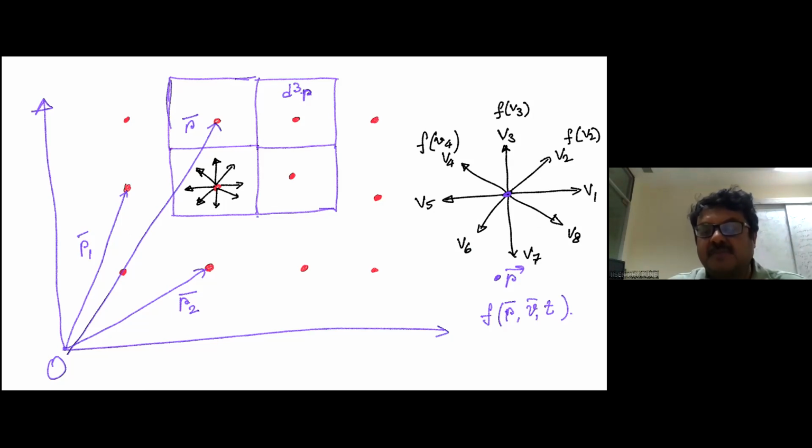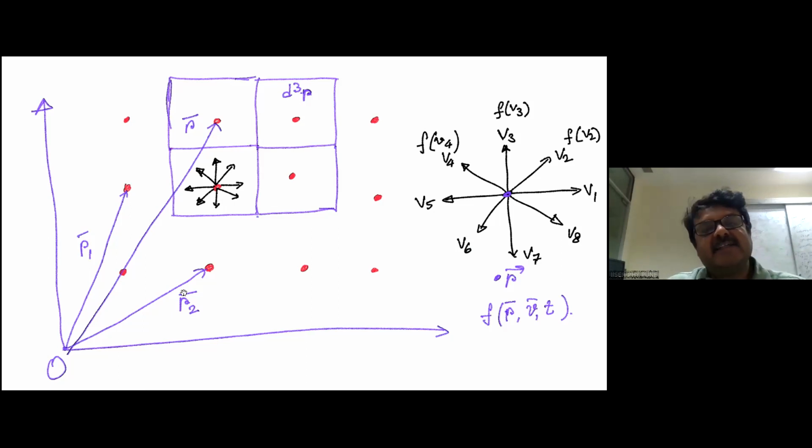We have to consider both, because due to collisions, particles moving with v1 are changing their velocity, while other particles with different velocities, as a consequence of collision, are increasing the number of particles with velocity v1. This is happening at each point in space.